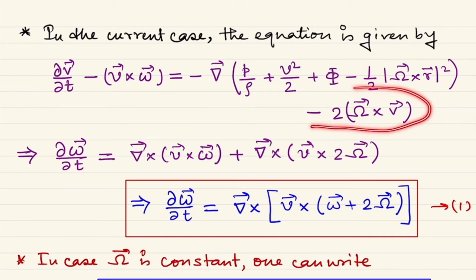The final one is the representative of the so-called Coriolis term. The Coriolis term becomes non-zero, or comes into play, when V is non-zero. What is the meaning of V? V is the fluid velocity with respect to the rotational frame of reference. So V is the relative velocity between the rotational frame of reference and the fluid flowing on it.